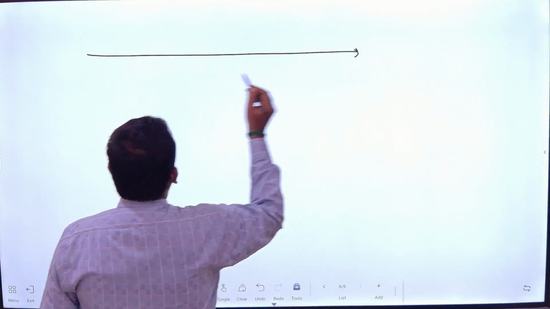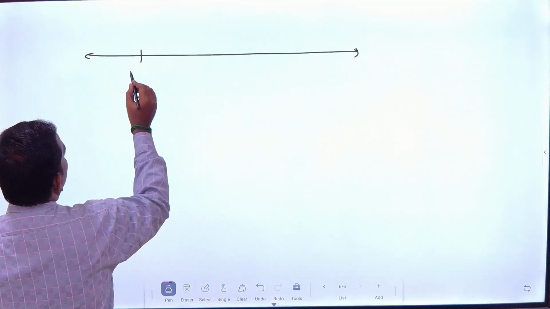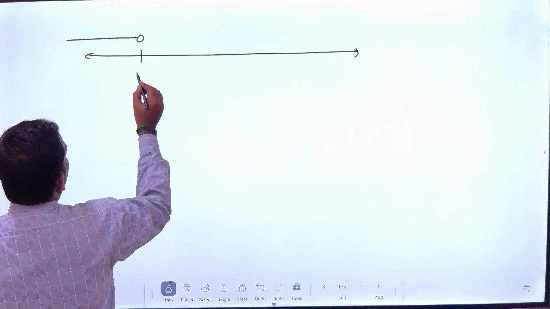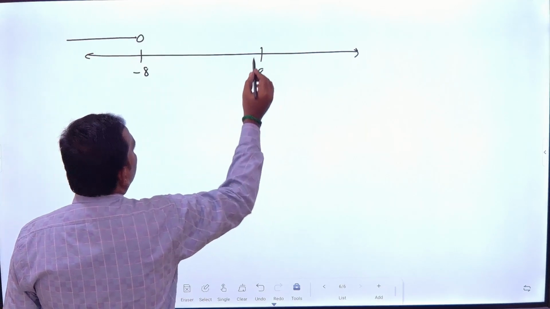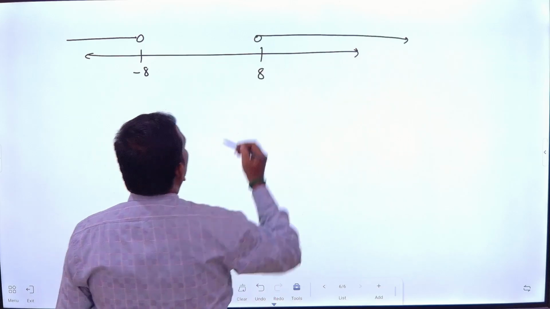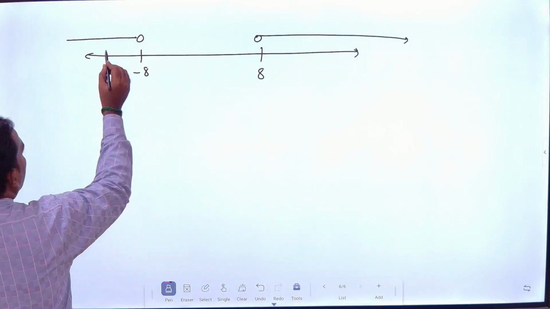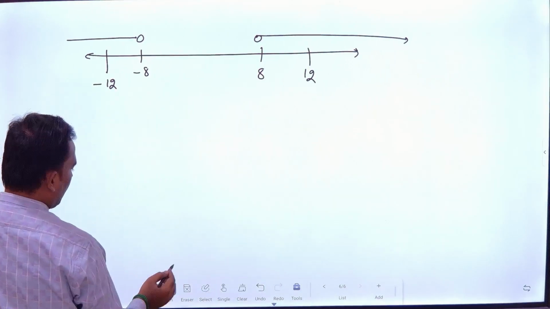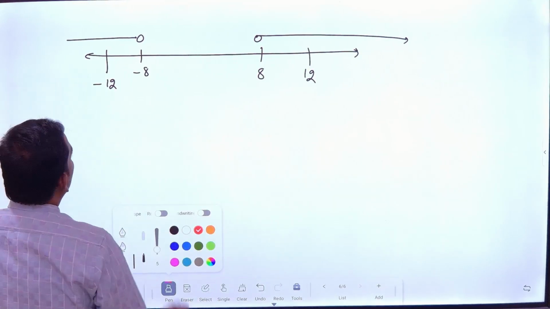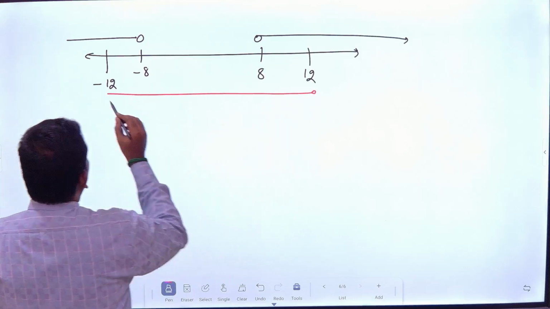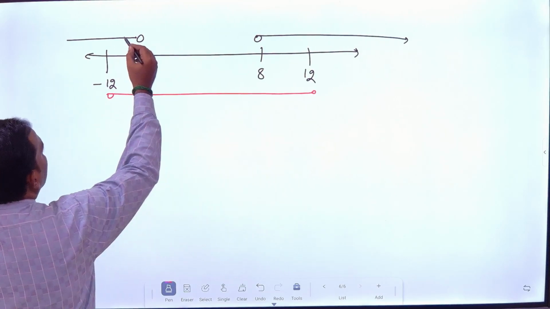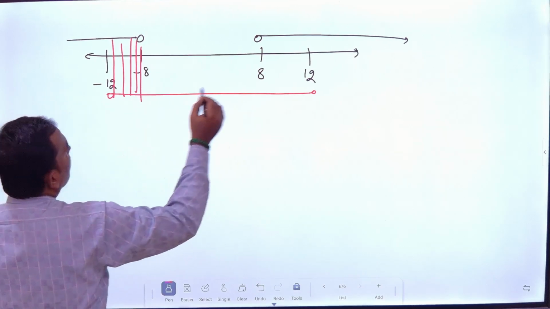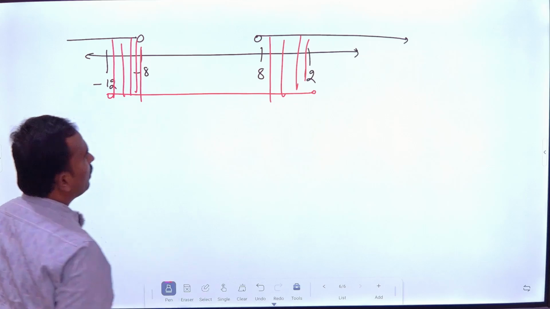Minus infinity to minus 8, and then 8 to infinity, open intervals, and then the second interval, minus 12 to 12. Now see which portion is common between the black color and the red color. This portion is common.